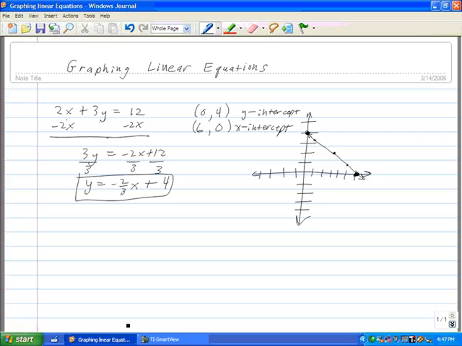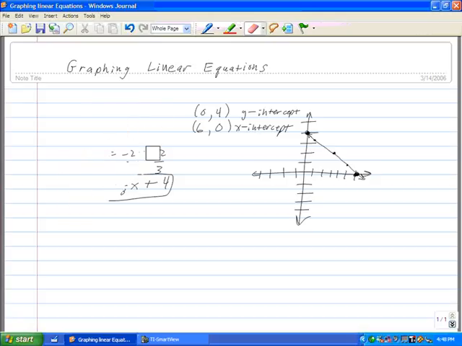Now there are two graphs that we need to pay special attention to. Graphs that both aren't handled very well by your calculator.